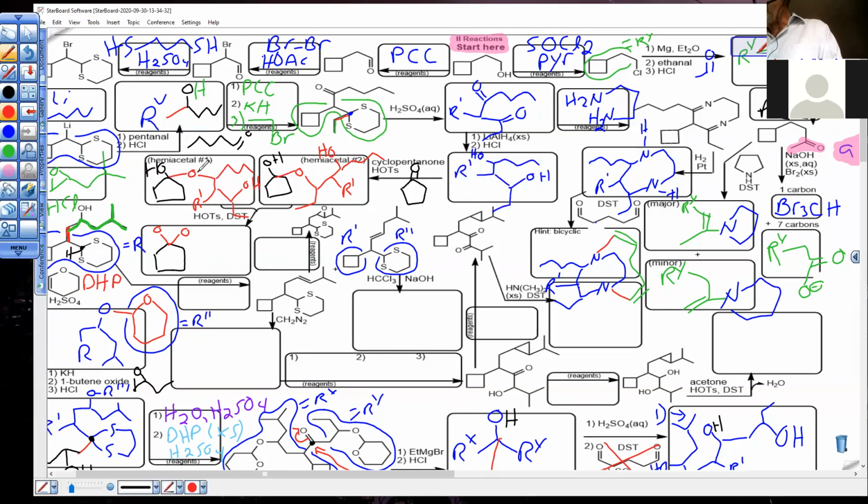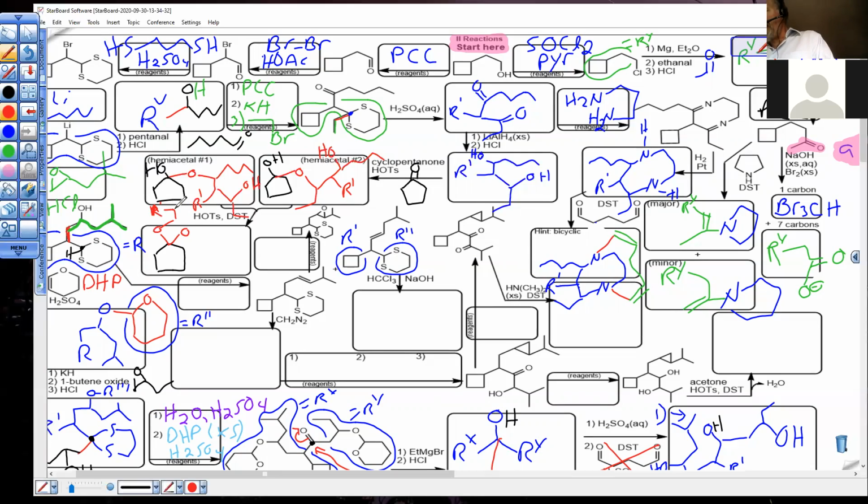It's attached to a C, and I'm going to make sure I end up with this O here. So the O is attached to the C. I'm going to bring that up, R prime. That's an R. So that's up.